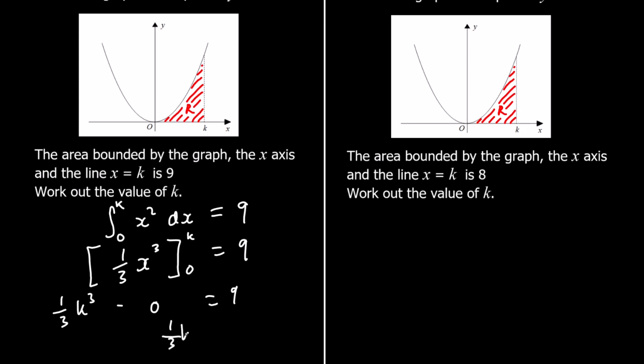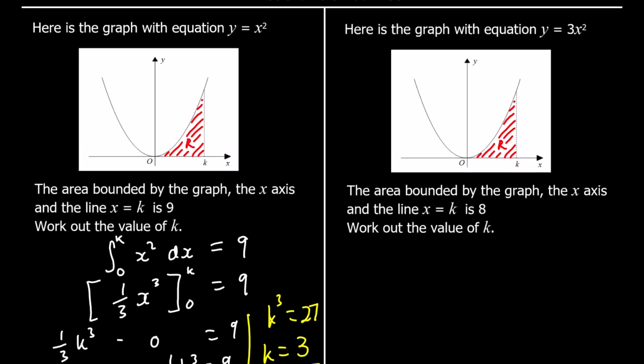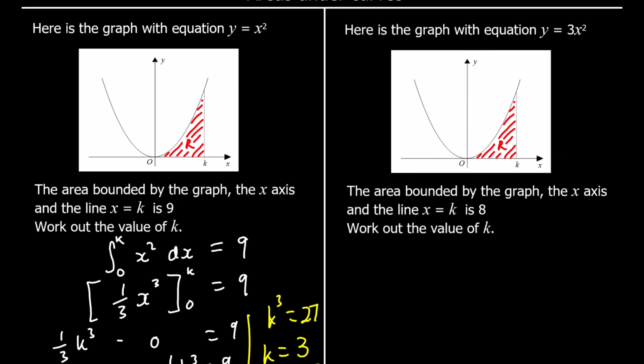So we've got a third k cubed equals 9, times by 3. So k cubed equals 27. And so k is the cube root of 27, which is 3. So k is 3. One for you to try. Give it a go.